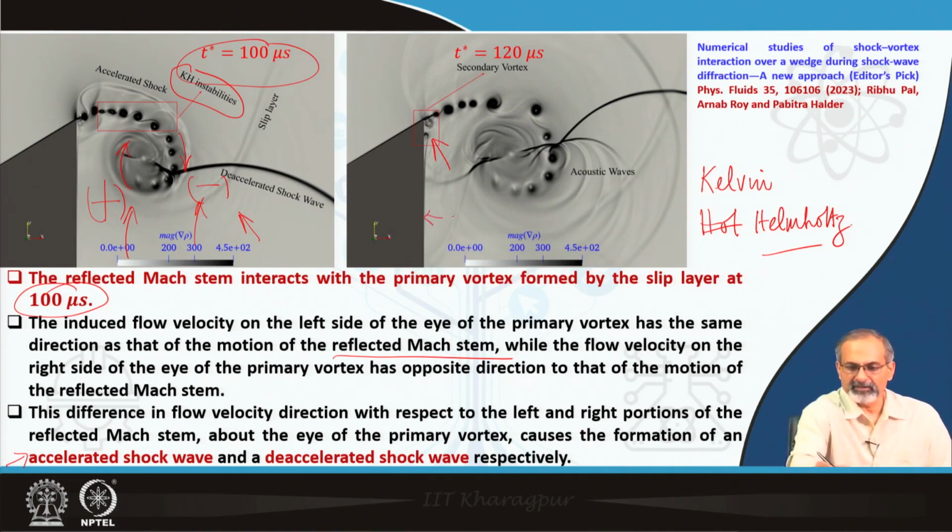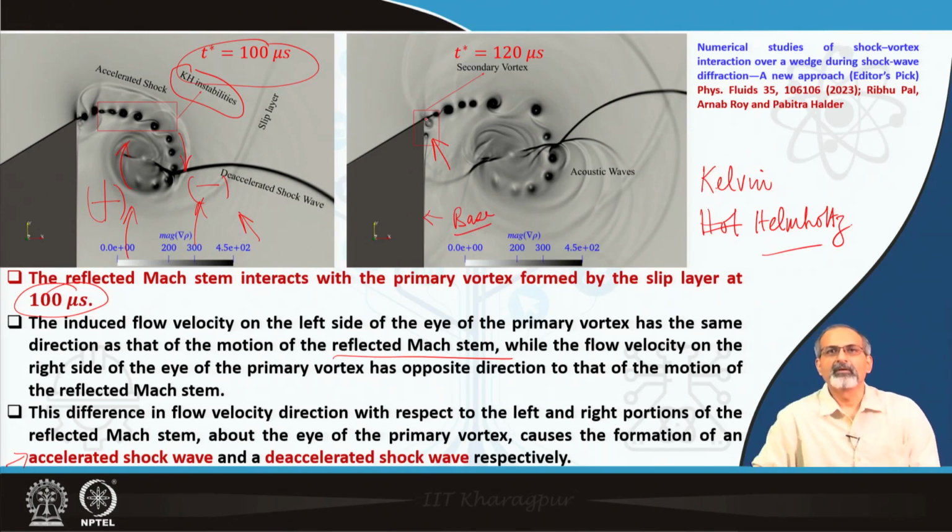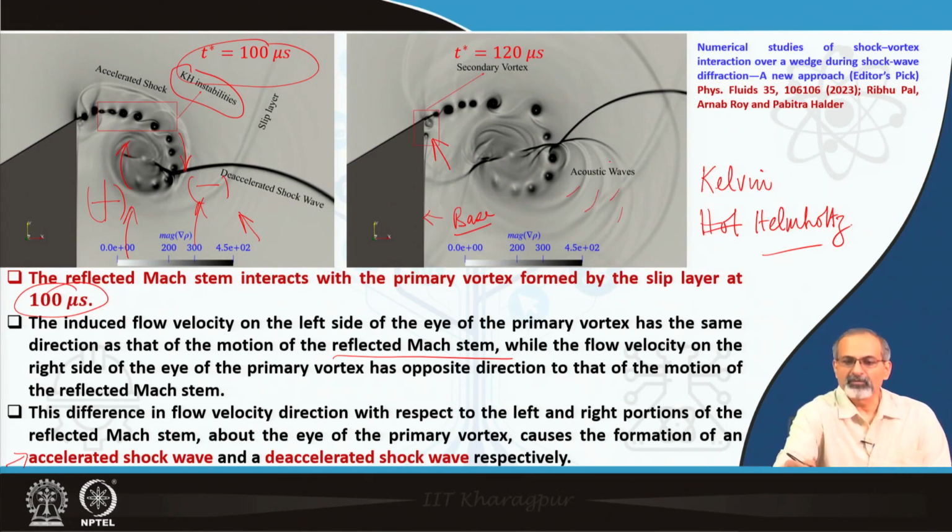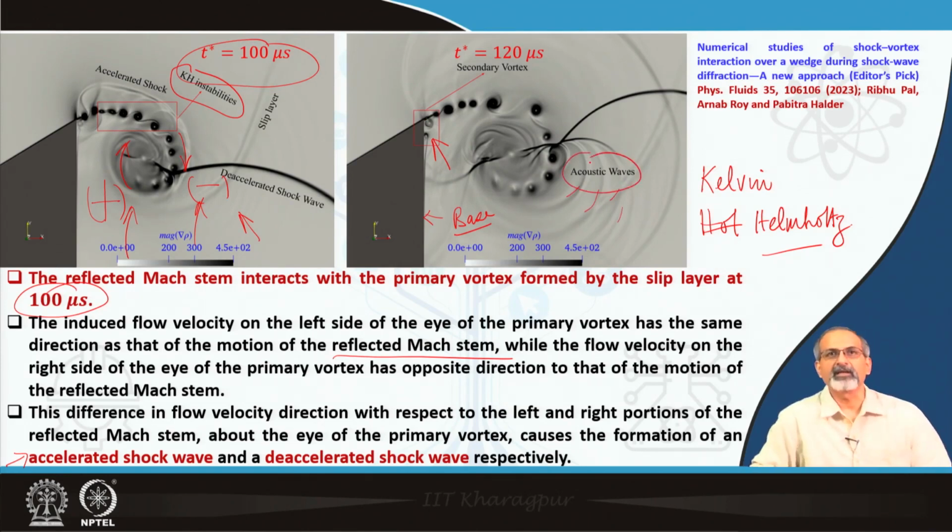So, this is basically the base of the wedge. So, it is forming at the corner of the base of the wedge. You also see weaker waves compared to the shocks which we are identifying as the acoustic waves. So, it is a very rich flow field with a lot of flow structures from which you can learn.